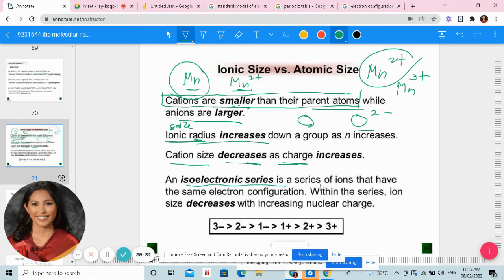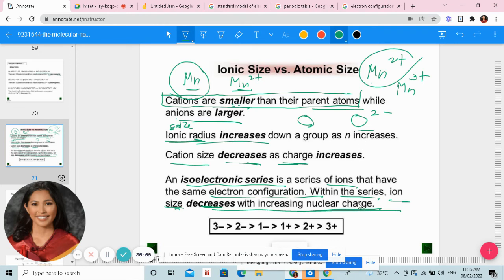An isoelectronic series is a series of ions that have the same electron configuration. Ion size decreases with increasing nuclear charge. Correct? Agree? Yes, ma'am.